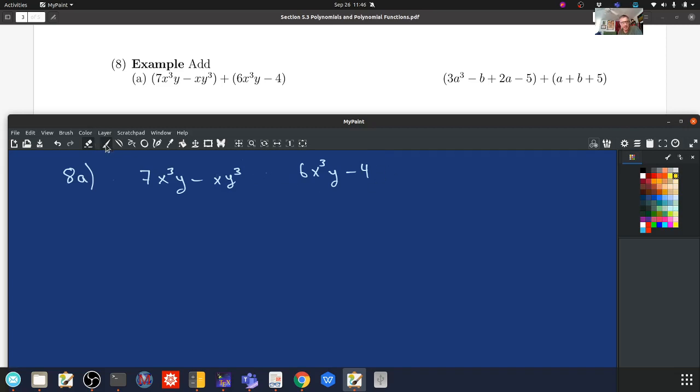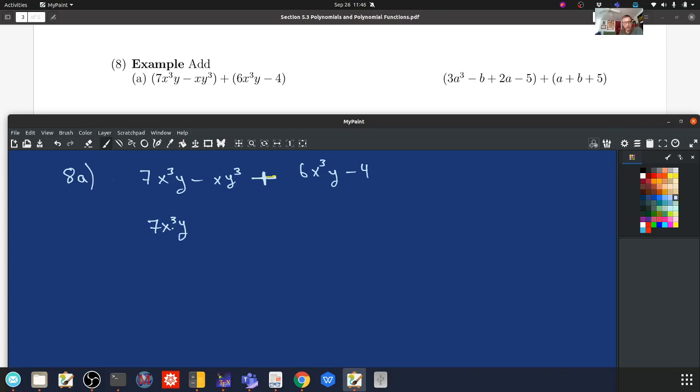Okay, that's supposed to be plus. Put it back. So what we have to do is collect like terms. I always just start off with the first term, x cubed y.